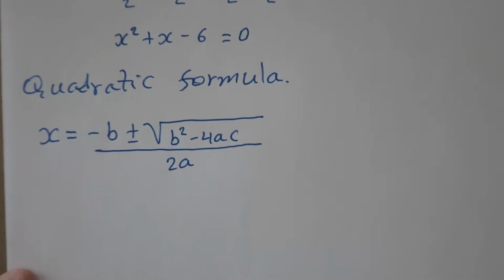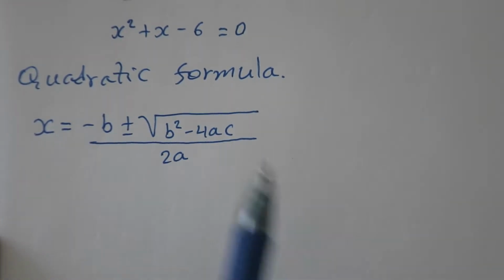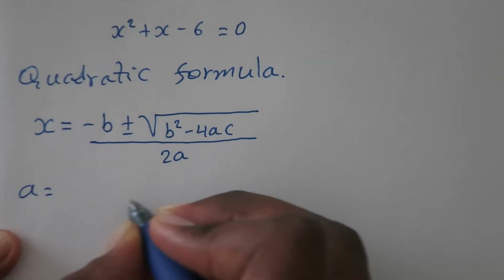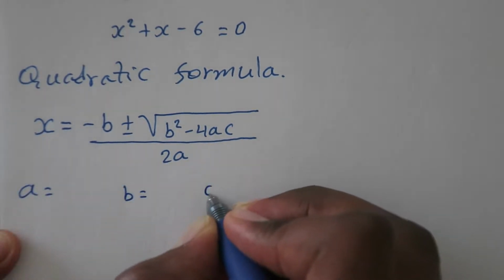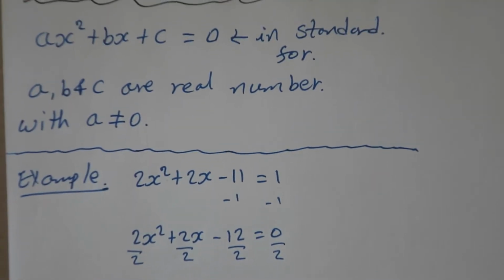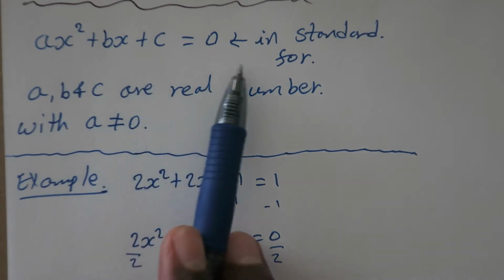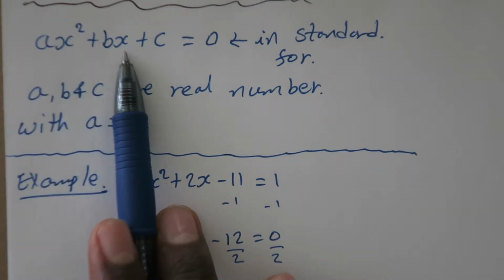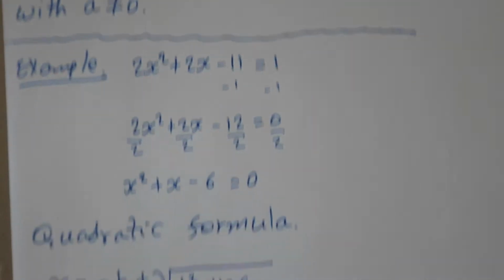Now, from that equation right above here, what is my a, b, c? Well, if you go back to the original definition right here, your a comes before the x squared, the b comes before the term x, and the c is the constant number.